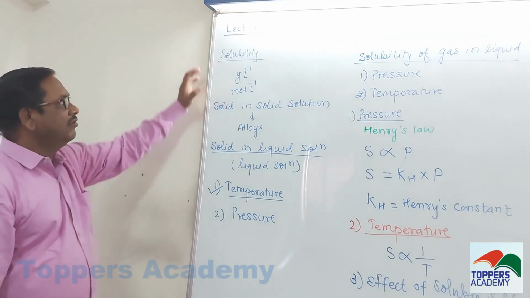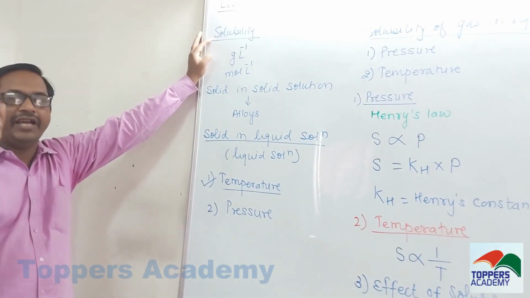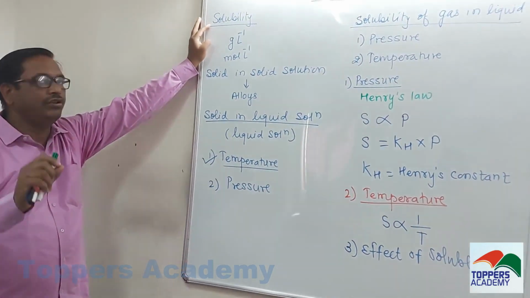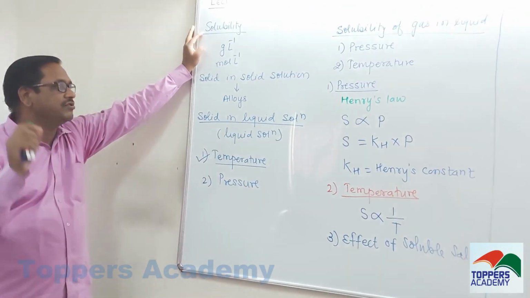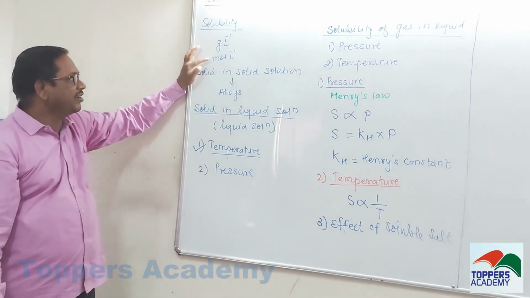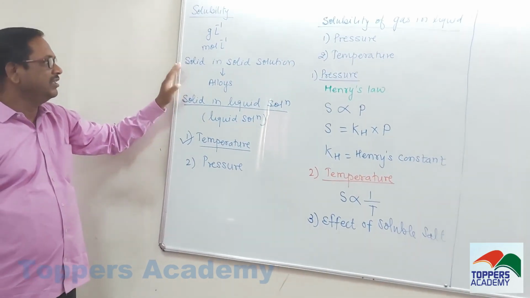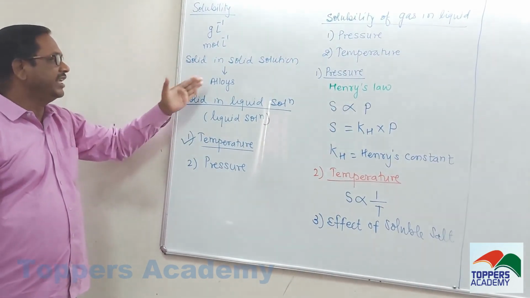See again, what is solubility? Solubility is the maximum amount of solute dissolved in a saturated solution. It is measured in terms of grams per liter or moles per liter. Now the first type of solution, solid in solid solution, that is the alloys.